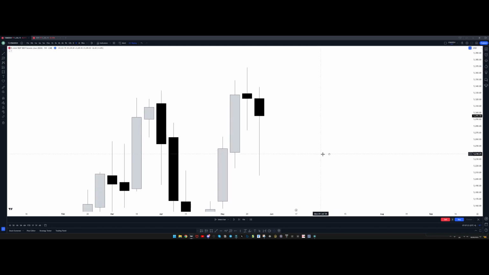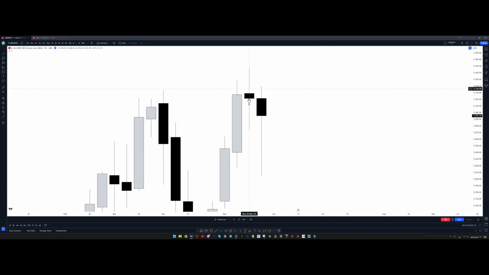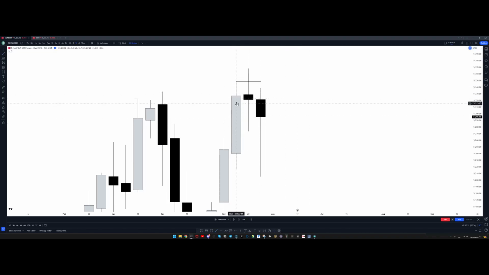Firstly, this candle takes liquidity, so we already know that this is some kind of manipulation. But what we notice is this candle does not close above this candle. Watch.